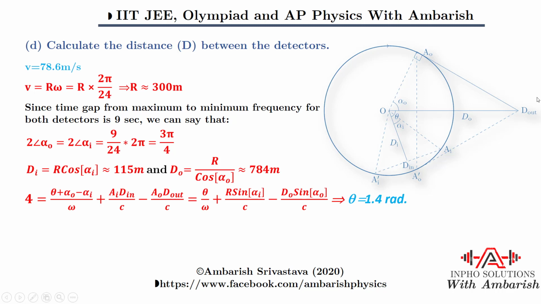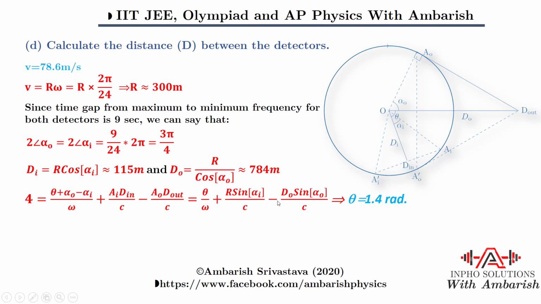And the outside time, I said, that is A naught D out by C, because that's the time of travel for sound from A naught to D out. So we subtract these two times, and this is 4 seconds, peak to peak for two different detectors. Alpha naught is same as alpha I, so these two cancel out, and if we simplify, this comes out to be theta by omega plus R sin alpha I by C. AI D in, this distance is R sin alpha I, simply you can see from this right triangle.